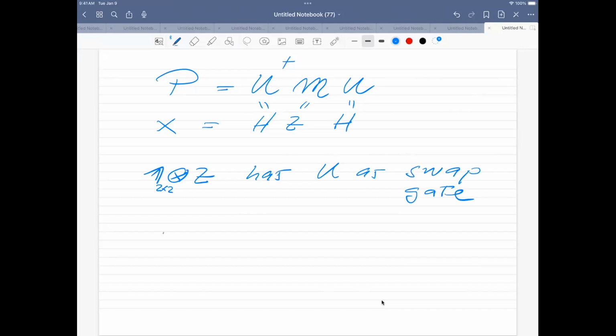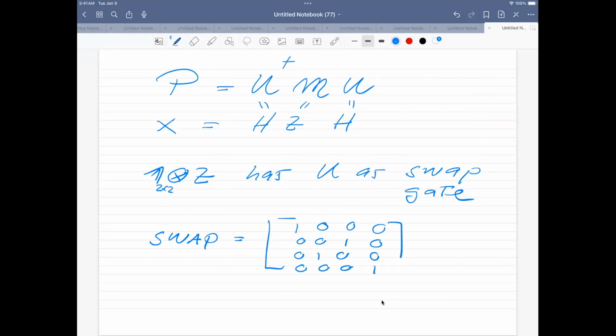The swap gate is normally written as the matrix with rows 1, 0, 0, 0; 0, 0, 1, 0; 0, 1, 0, 0; and 0, 0, 0, 1. When it acts on 0,1, it swaps it to 1,0. It doesn't do anything on 0,0 and 1,1.